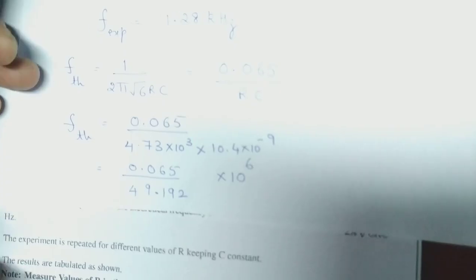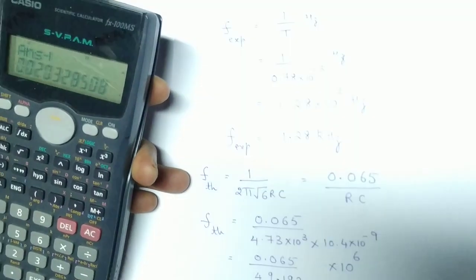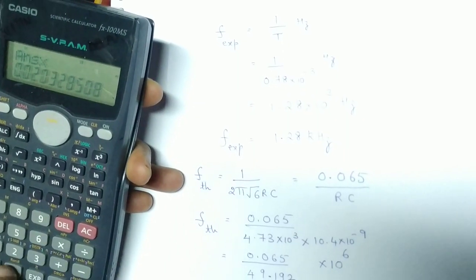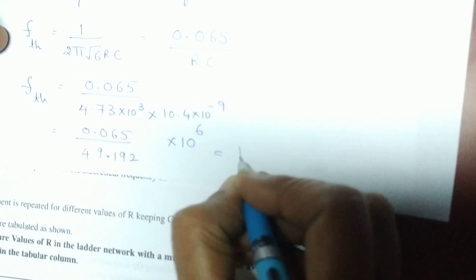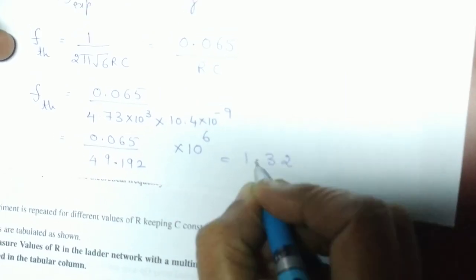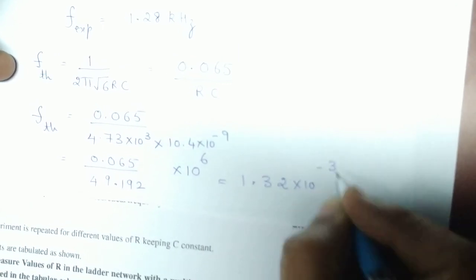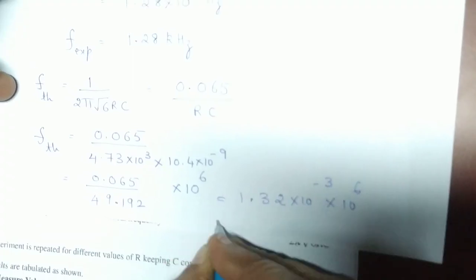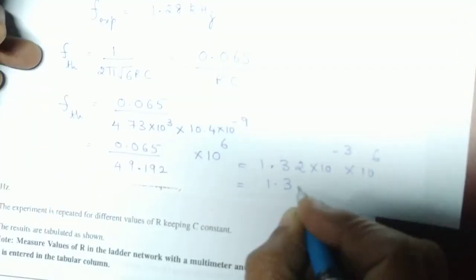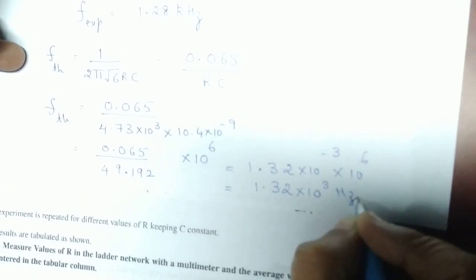0.065. I'll take the inverse of the value 49.192 multiplied by 0.065, which is equal to 1.32. Don't forget to read the power in the calculator, which is 10 to the power of minus 3. I have a 10 to the power of 6 here, which on simplification gives me 1.32 into 10 to the power of 3 hertz.